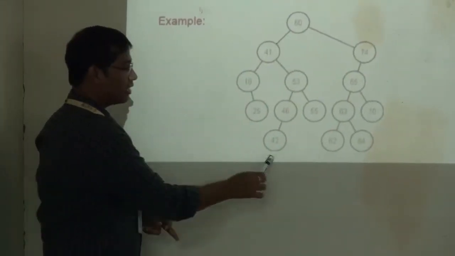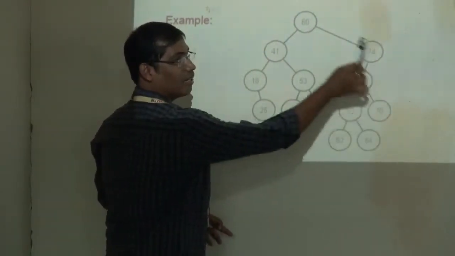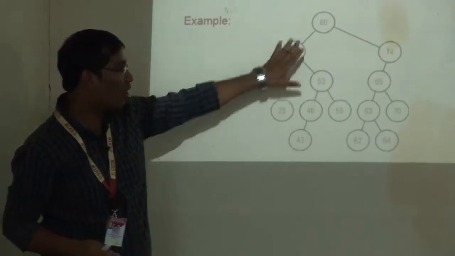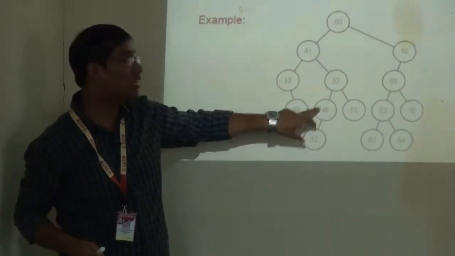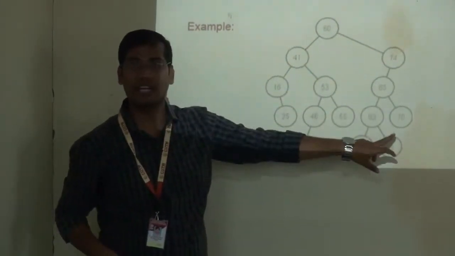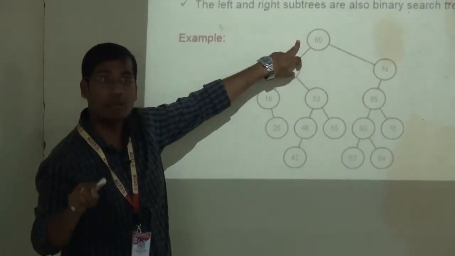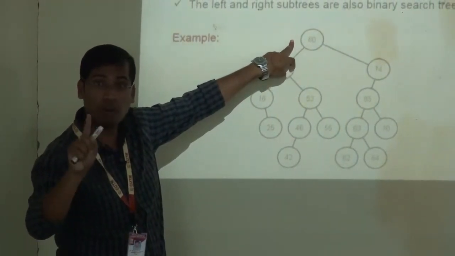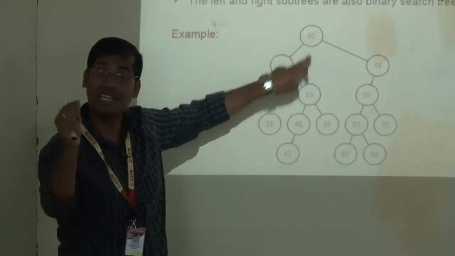This is my left subtree, this is my right subtree, and check all the values in the left subtree are smaller than the node, and all the values in the right subtree are greater than the node. And this property must hold not only for the root node, the property must hold at each and every node.